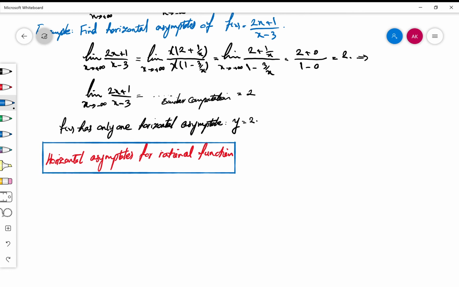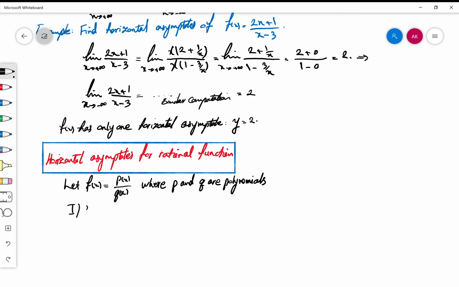What is a rational function? Let f of x be a rational function. It means that you have a fraction of two polynomials, p over q, where p and q are polynomials. Then we have three different cases.